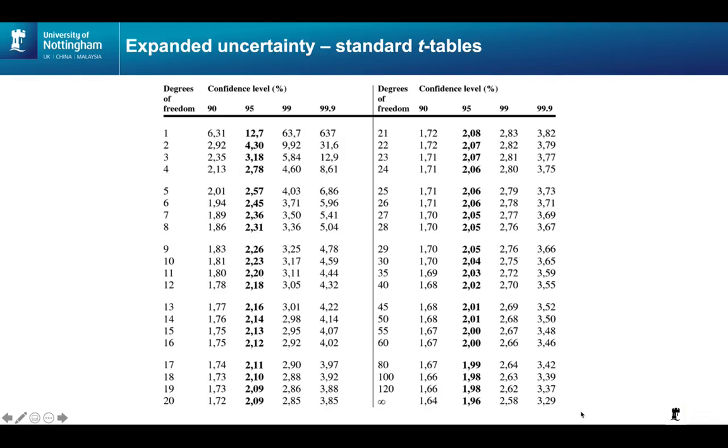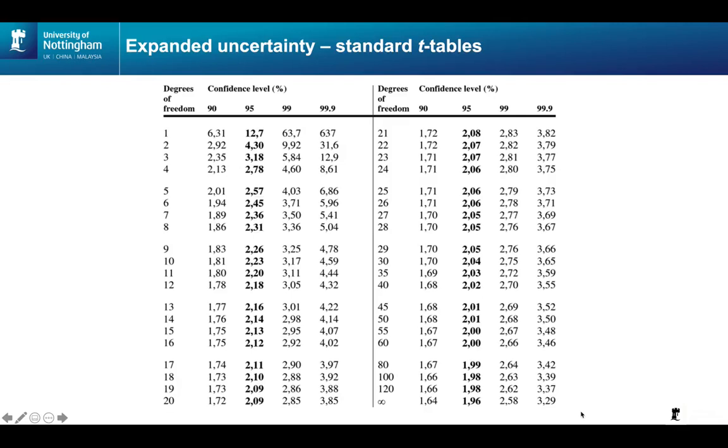Notice if you had 66, as in our case, the k factor, the expansion factor, is 2. And notice also 1.96 at infinity there. In most uncertainty budgets, by far the majority, people say if it's 1.96, it's infinite, then it's 2.